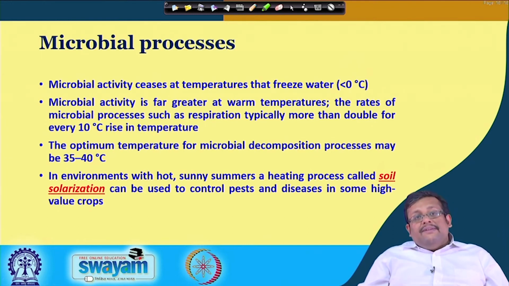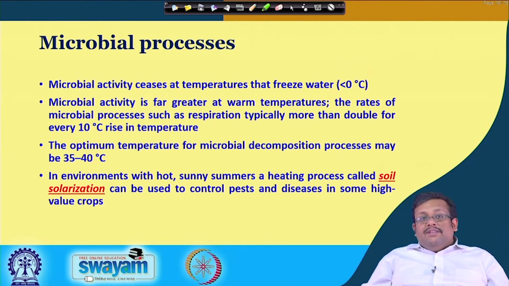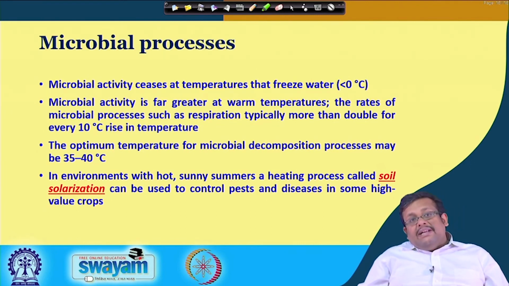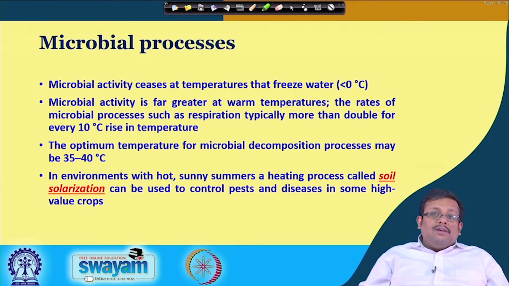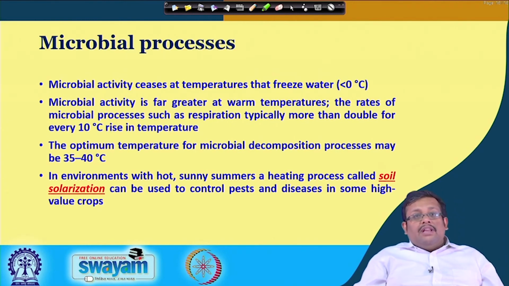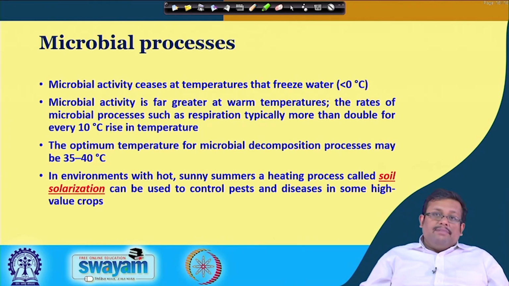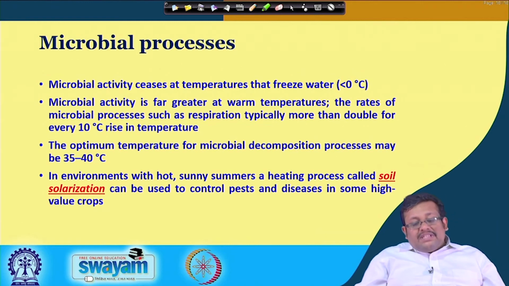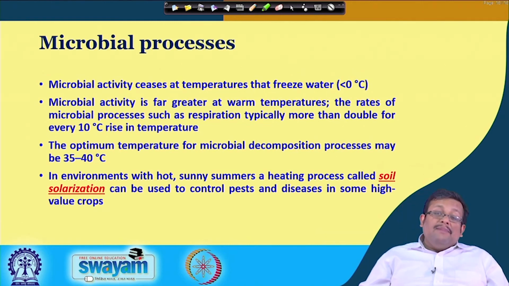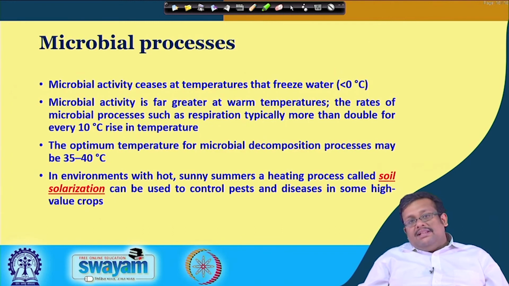Microbial activity ceases at temperatures that freeze water. We have already seen that, less than 0 degrees centigrade. Microbial activity is far greater at warm temperatures, and the rates of microbial processes such as respiration typically more than double for every 10 degrees centigrade rise in temperature. The optimum temperature for microbial decomposition processes may be around 35 to 40 degrees centigrade.